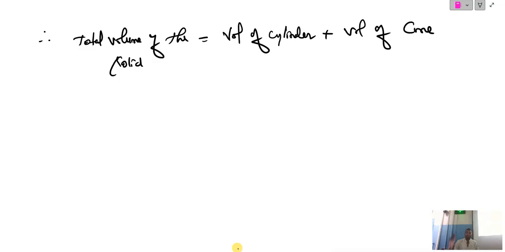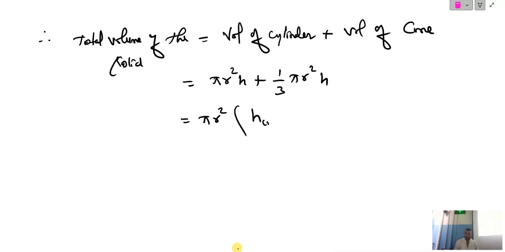We are taking the total now. So what is the formula to find volume of cylinder? Pi r square h plus volume of cone, 1 by 3 pi r square h. So pi r square is common. H of whom? Cylinder, plus 1 by 3 into h of whom? Cone. Pi is 22 by 7. Radius is 7 into 7.